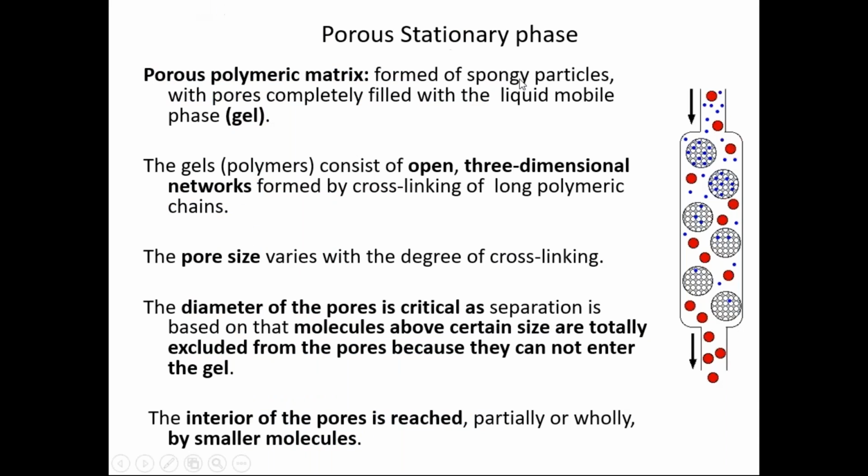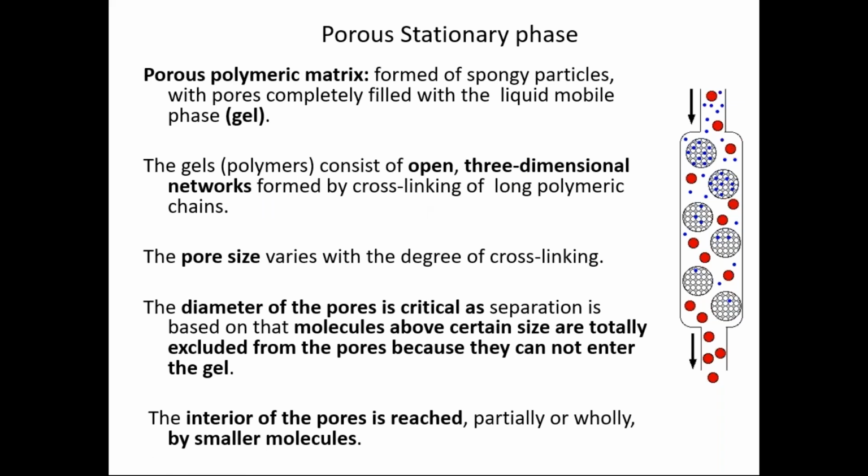So here, very well explained, in size exclusion chromatography, we have a porous stationary phase. The stationary phase generally is filled in a column and these have got definite pore sizes. The gels consist of open three-dimensional networks which are formed by cross-linking long polymeric chains of dextran, of saccharose, which are all polymers of carbohydrates.